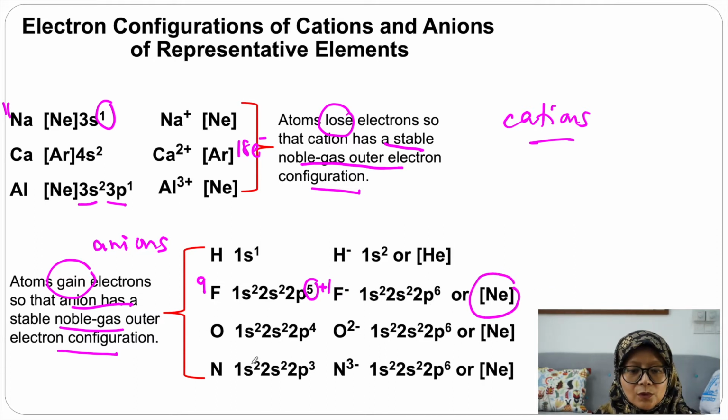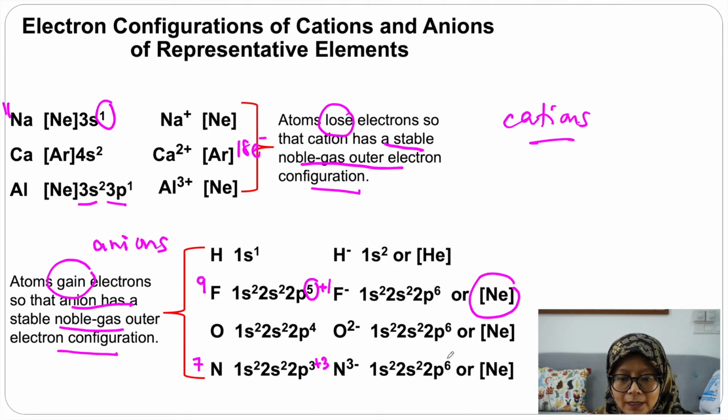The same goes for, for example, nitrogen. Nitrogen 7, 1s2, 2s2, 2p3. Because this nitrogen wants to form a noble gas electron configuration, it needs to receive 3 electrons here.